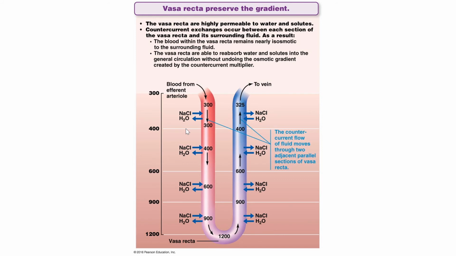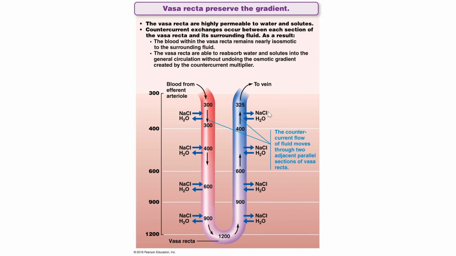Here's a diagram of that. This is part of the vasa recta, and this could be near the descending nephron loop limb. Remember, the descending loop is the one that releases the water. So this part of the vasa recta is absorbing NaCl. And then down here, this is the part of the vasa recta that would be by the ascending loop that's permeable to salts.